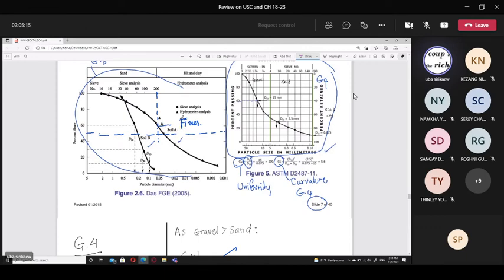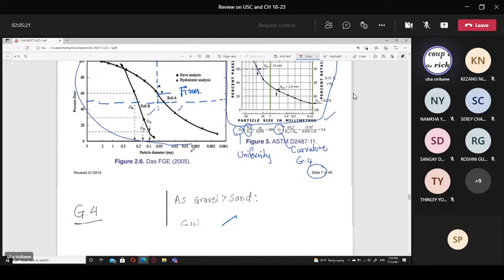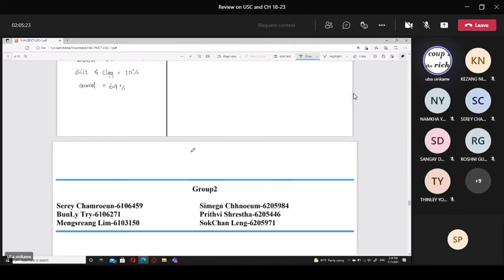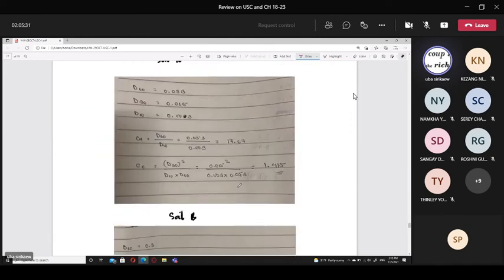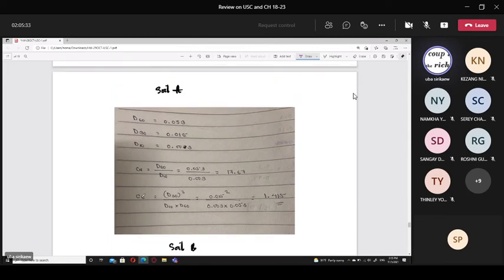You see, fines 60%. So for group number 5, 50% passes the 200 sieve, so no need to do anything. You have nothing to do with Cu and Cc.